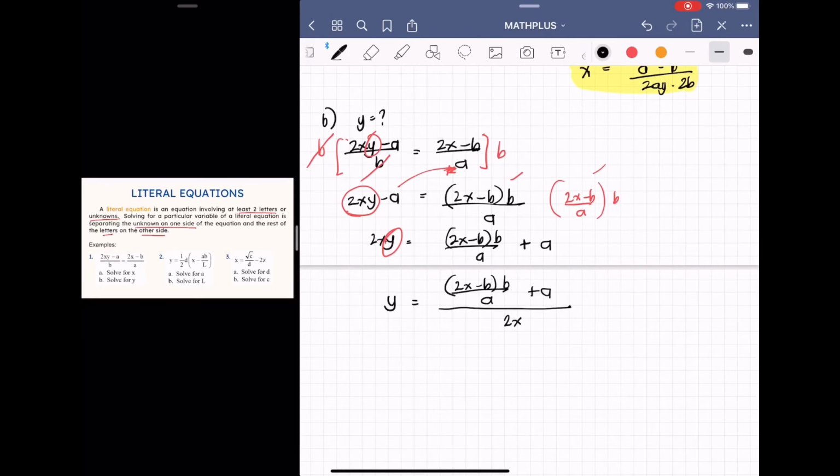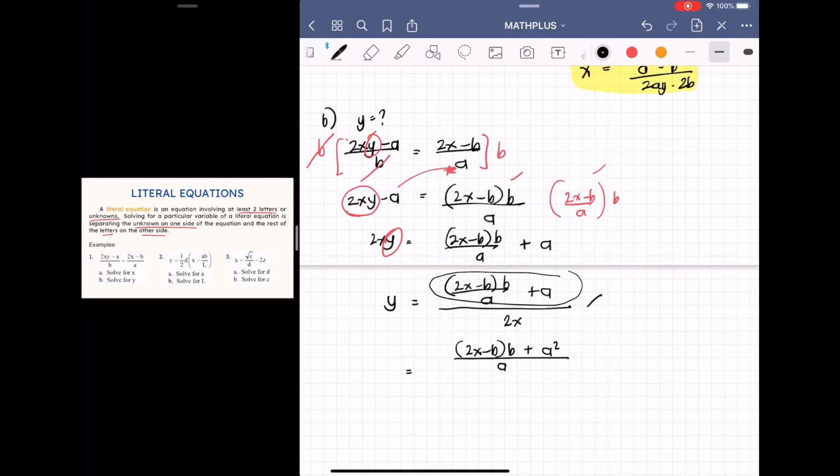So what you can do is simplify the right side of the equation as you go along with your solution, or you can take this as is and simplify before giving your final answer. So what I can do is take the LCD in the numerator, and that's obviously a. I'll be having (2x - b) times b plus a squared.